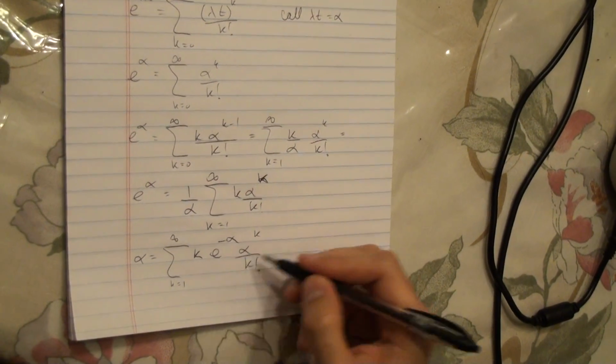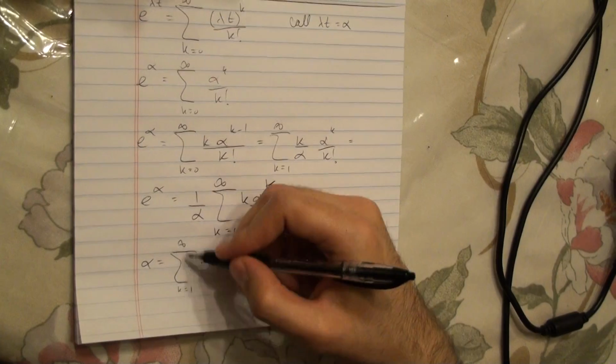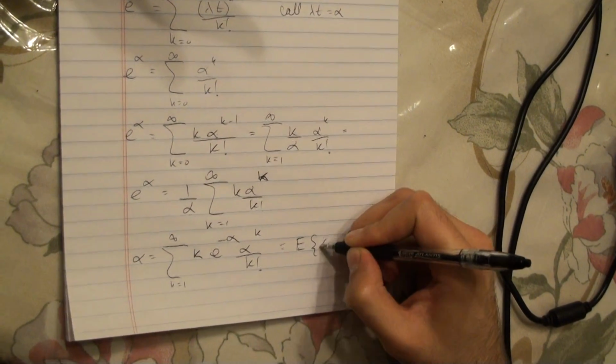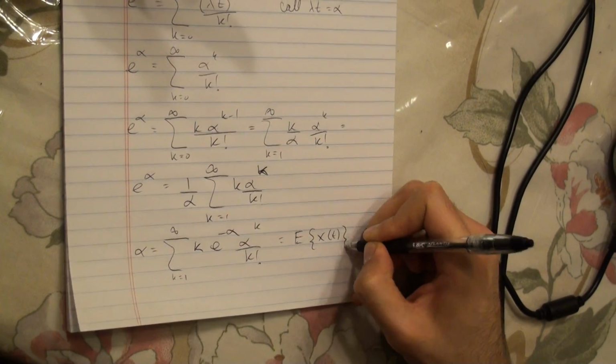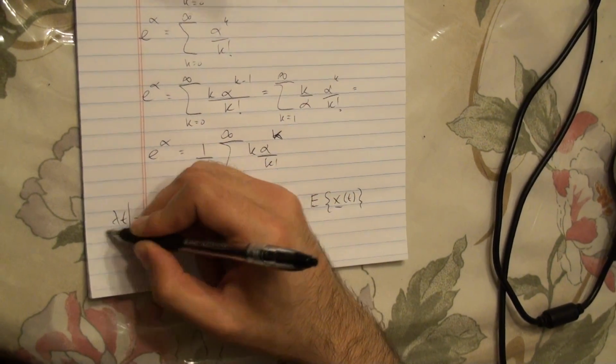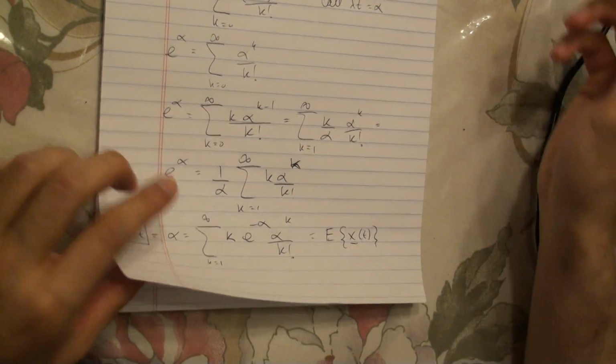This just looks like the Poisson distribution times k, summed. So this is the expected value of X of t. Now what's alpha? It's just lambda t. So the expected value of X of t is just lambda t.